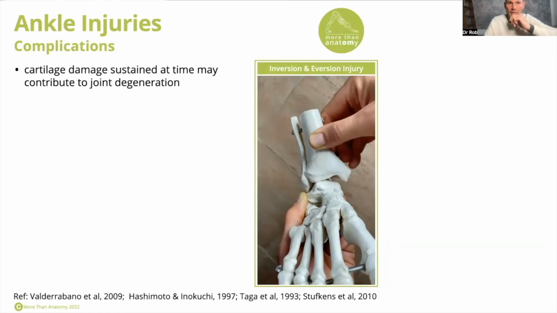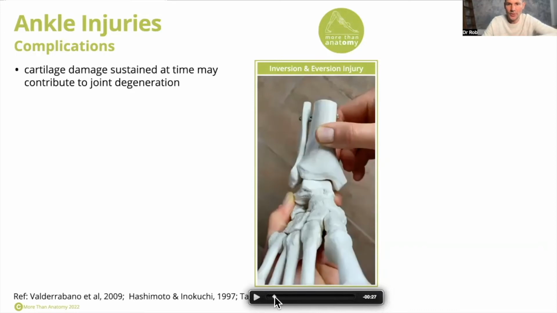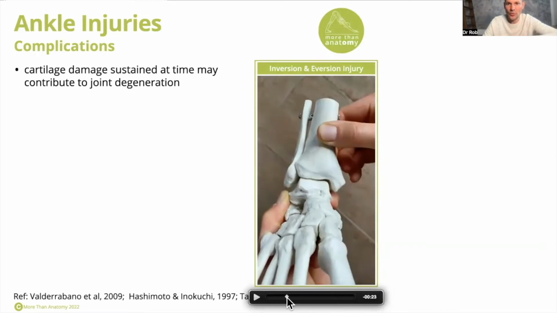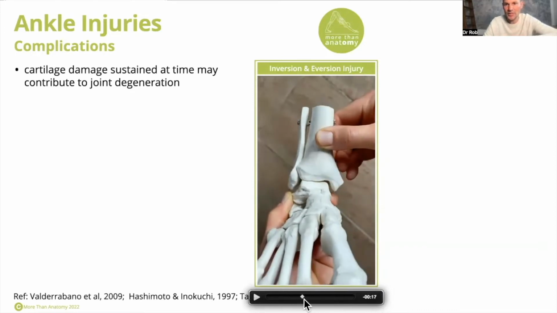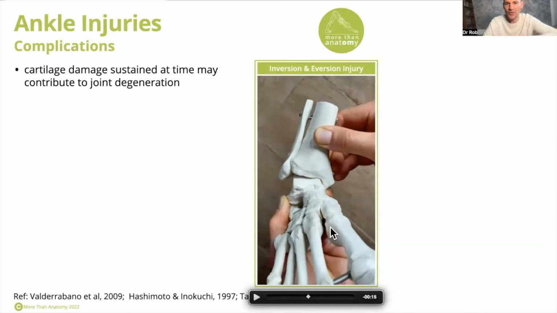What we can find is when we move the joint in this kind of negative way, let's just play this back for you. You can appreciate this is normal motion. And when I go into this type of movement, the bone surfaces can apply unusual pressure to the joint. So the bones actually impact into each other in a detrimental way, and that can lead to cartilage damage.